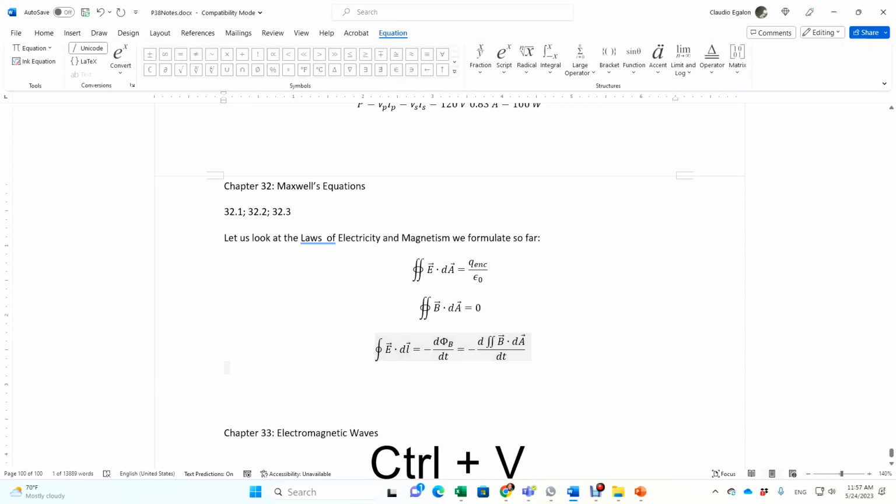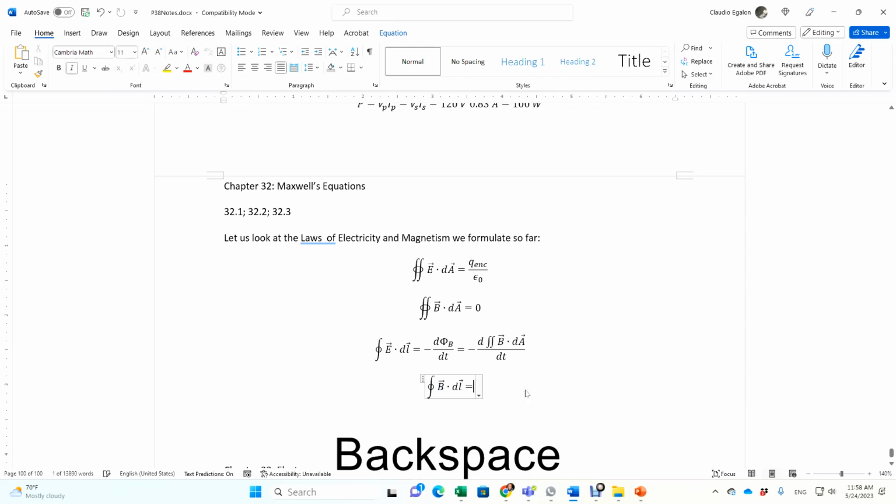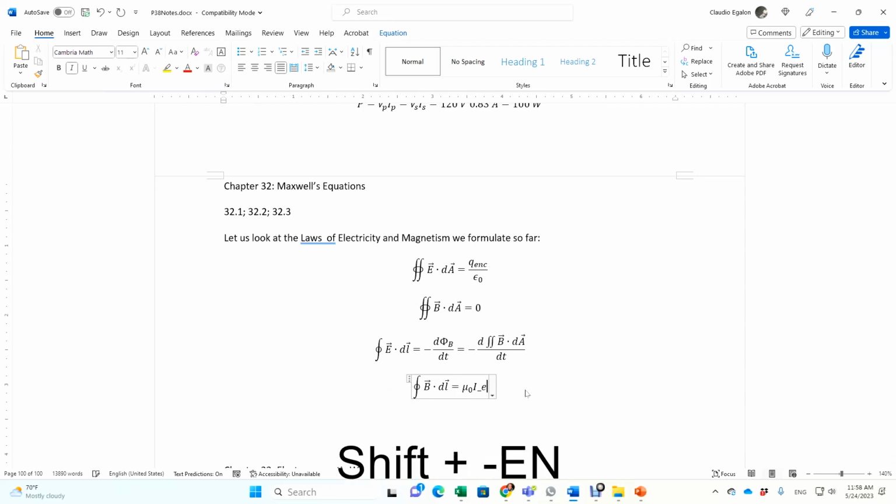That's Faraday's law. And now this one is Ampere's law: mu naught I enclosed, like that.